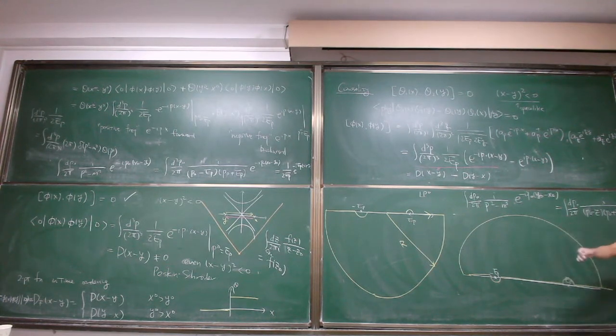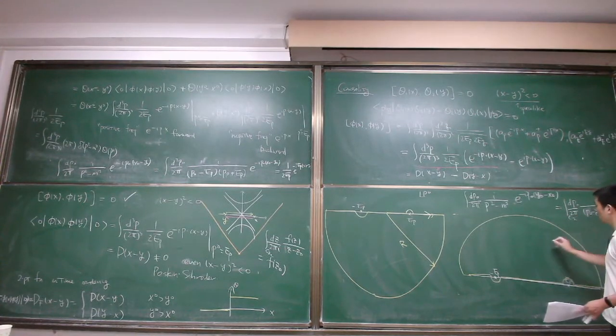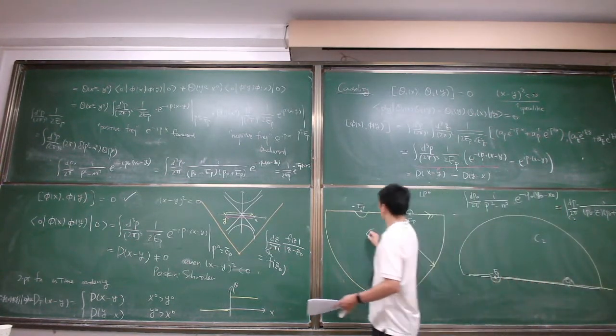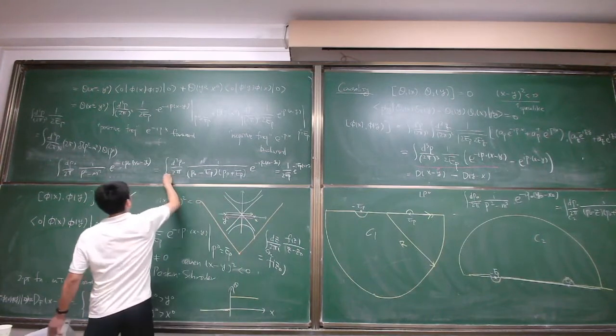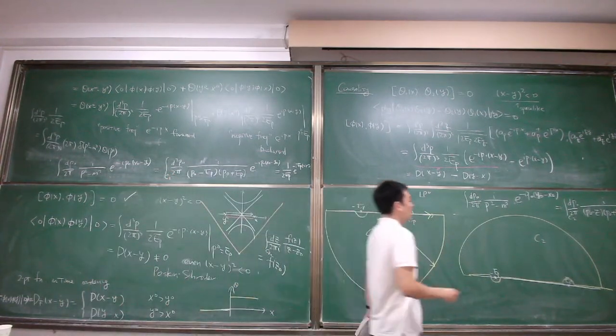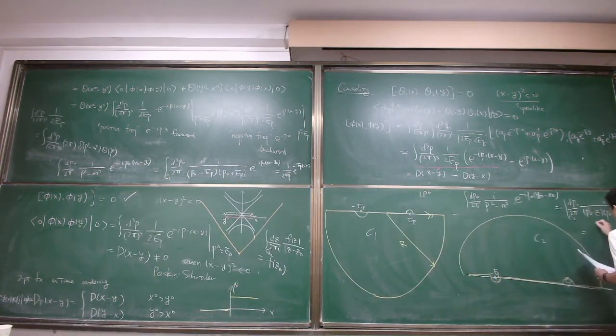If R is big enough, there is no contribution from the big circle, and what's left is this one. If you do the contour integral, I call this C2 and this C1, and this is equal to 1/2 EP.